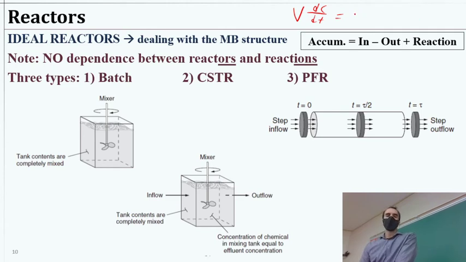So this might be something like V dC/dt, let's say for the CSTR here. Then we have a flow rate Q coming in, a C initial coming in, QC naught, have a Q and a C here, plus some reactions.